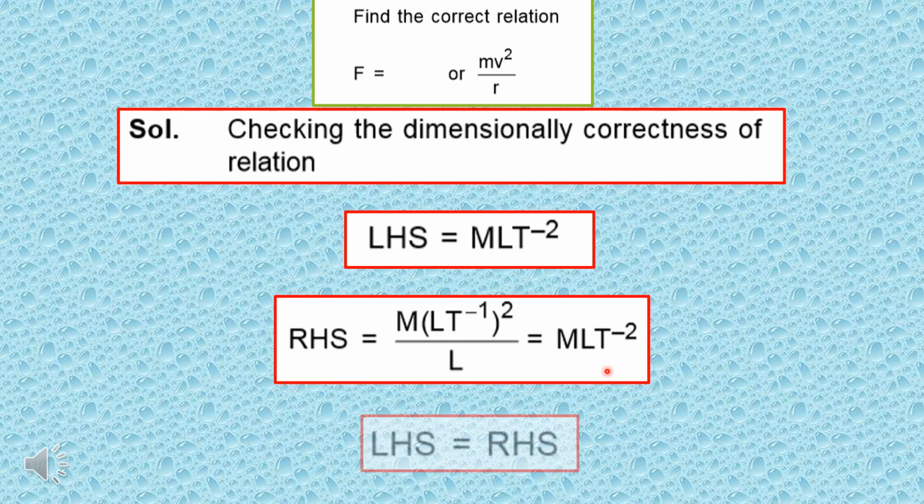By comparing the left hand side and the right hand side we can see that both are equal, that is M to the power 1, L to the power 1 and T to the power minus 2. Hence it is proved that the left hand side is equal to the right hand side. That's why this relation is correct: F is equal to mv square divided by r.